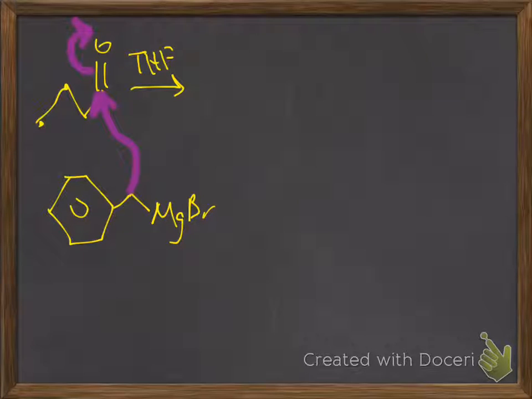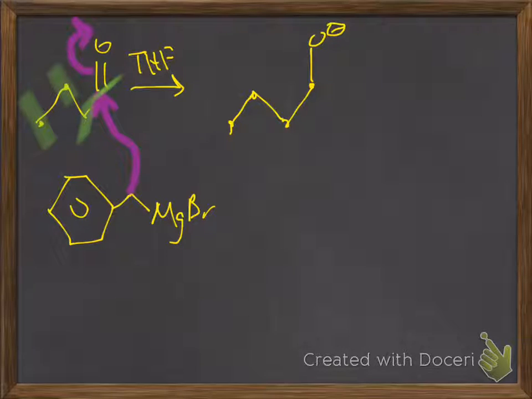First of all, you draw everything that did not change. So if you notice, we have this carbon, 1, 2, 3, 4 carbons. And that carbon is now going to have an O minus attached to it.